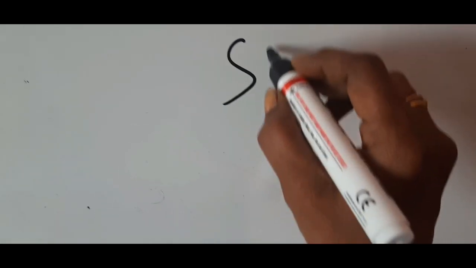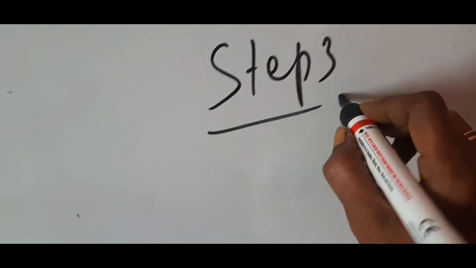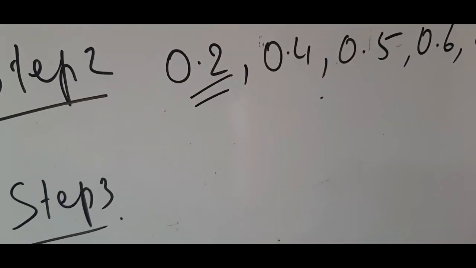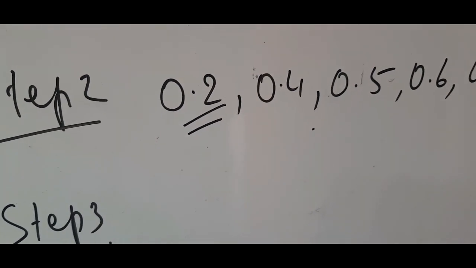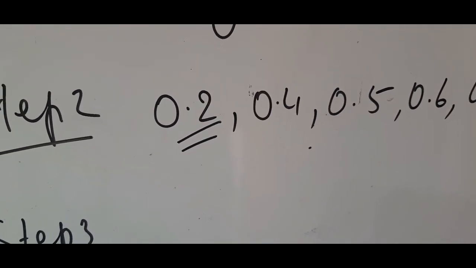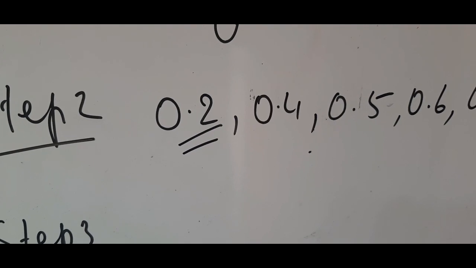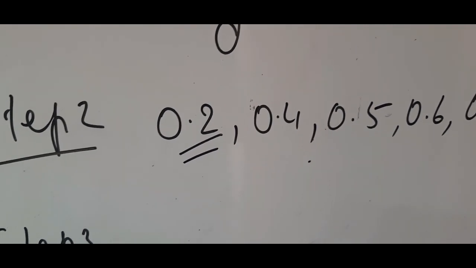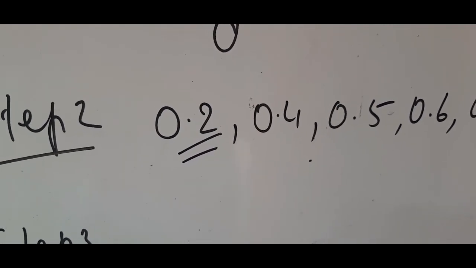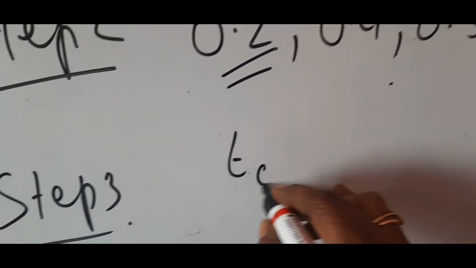Step 3 will be to find out the flow time for the solvent with which you prepare the polyvinyl alcohol. The solvent is nothing but distilled water, so we take it as T0.